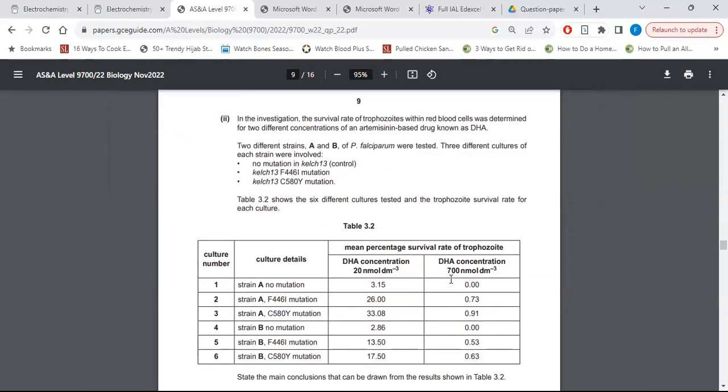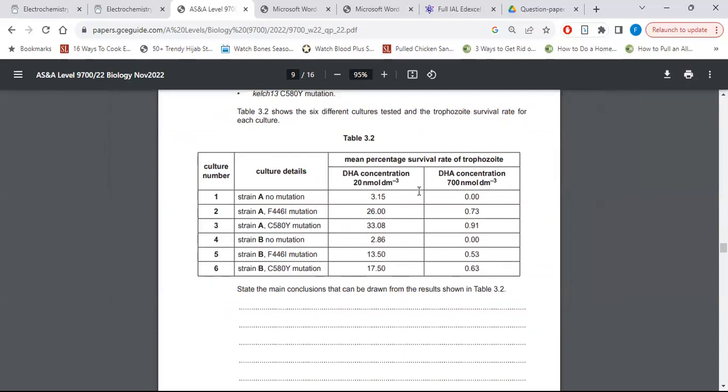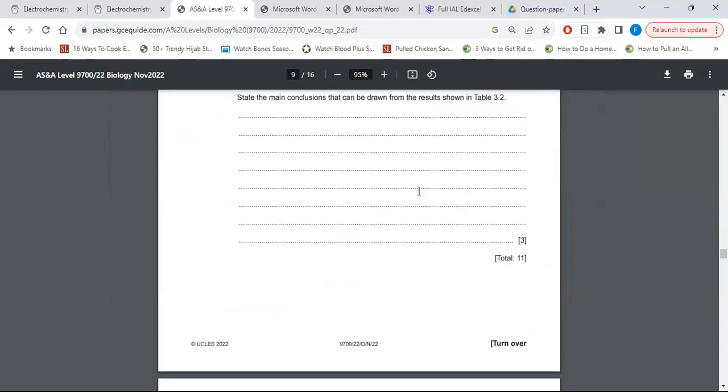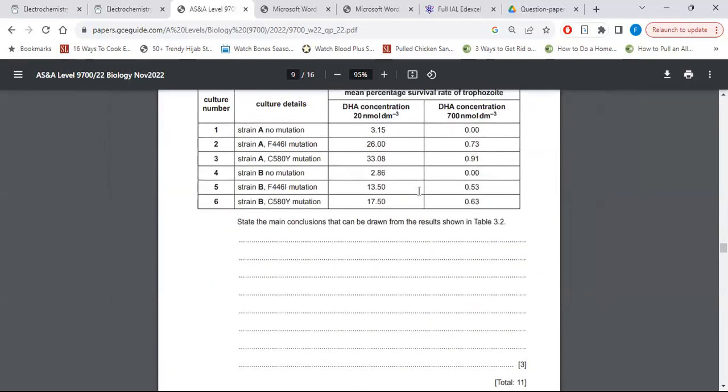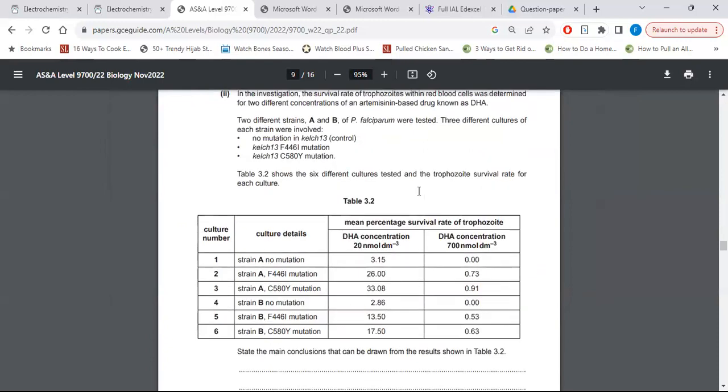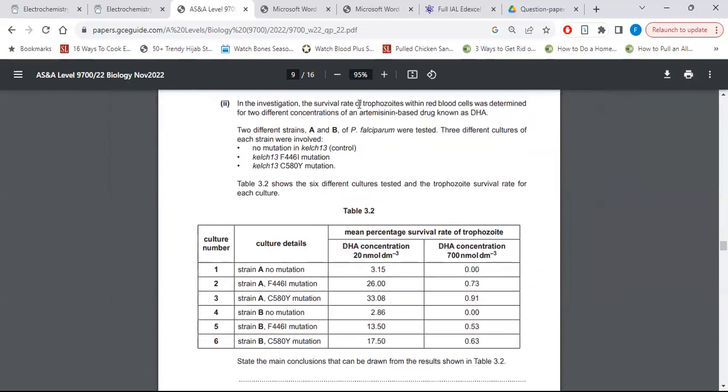Now, next they are saying in the investigation, the survival rate of trophozoites within the red blood cells was determined for two different concentrations of the artemisinin-based drug known as DHA.